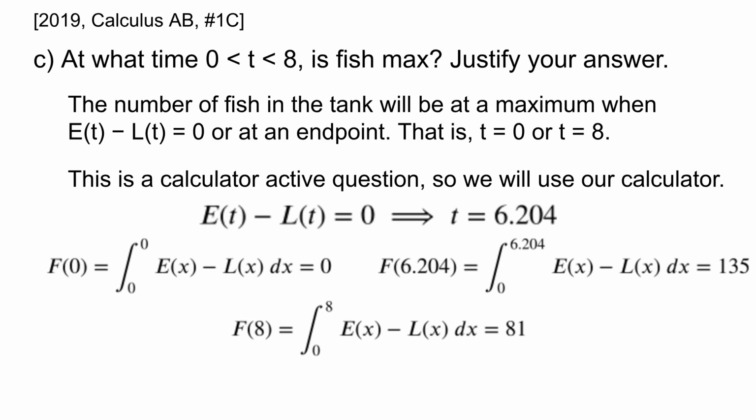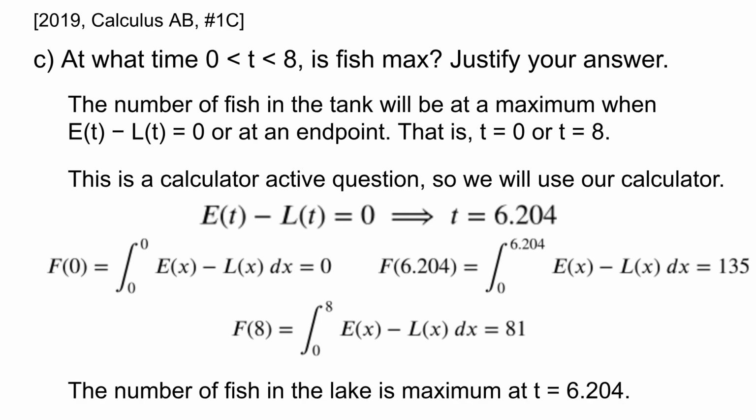And F of 8 is the integral from 0 to 8 of E of x minus L of x dx, which turns out to be 81. From these calculations, we can conclude that the number of fish in the lake is maximum at t equals 6.204.